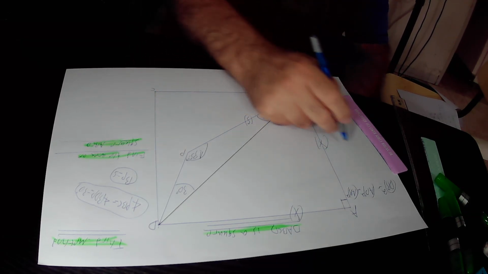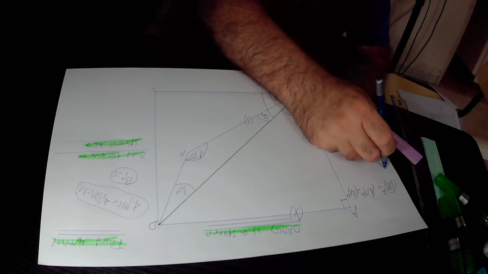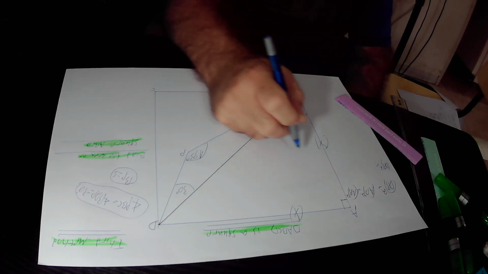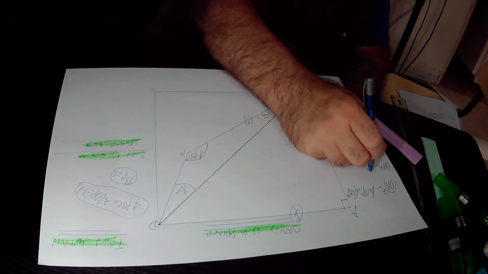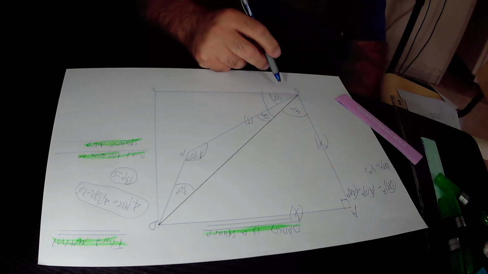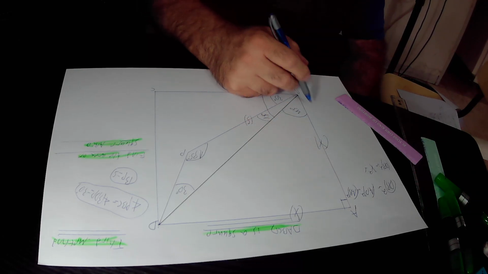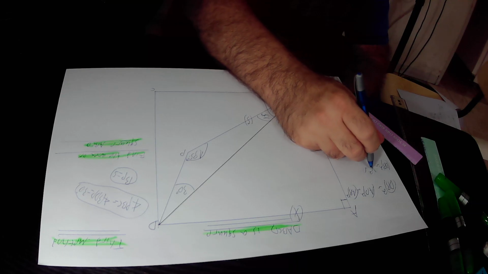DB is the missing side, so it is DB squared equals AD squared. AD is x, therefore AD squared is x squared, plus AB squared. AB is also x, so AB squared is x squared.